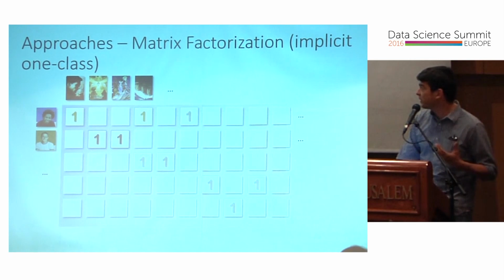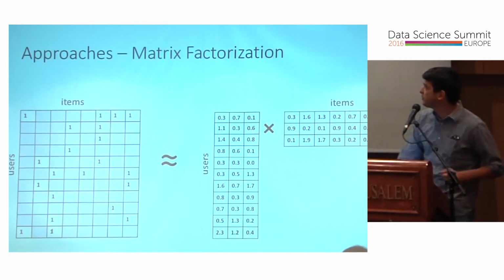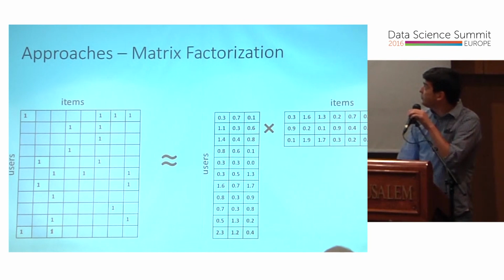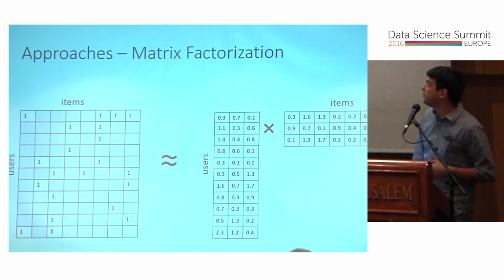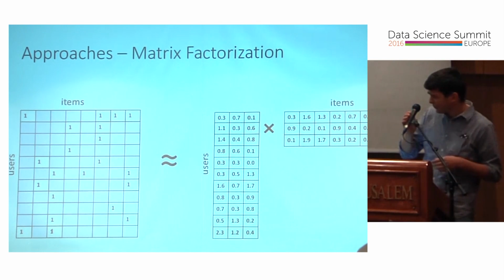So what does matrix factorization do? My thanks to the previous speaker for explaining this a little bit. But essentially, I take my full rank usage matrix and I decompose it into two other matrices, one skinny users matrix and one short items matrix.